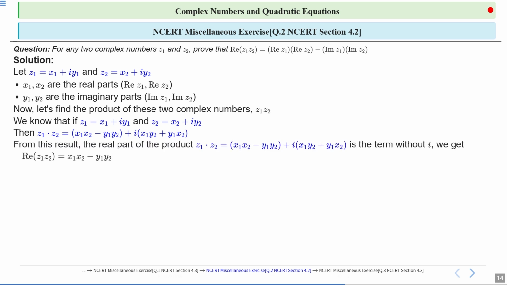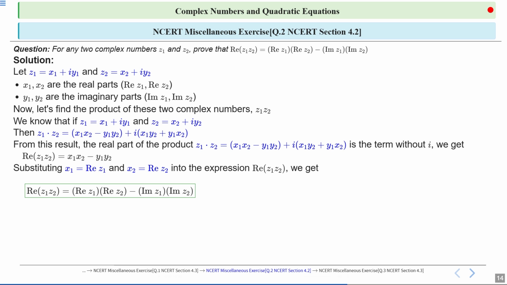From this result, the real part of the product Z1 times Z2 equals x1 times x2 minus y1 times y2, okay, plus iota times x1 times y2 plus y1 times x2 is the term without iota. We get real part of Z1 times Z2 equals x1 x2 minus y1 y2.